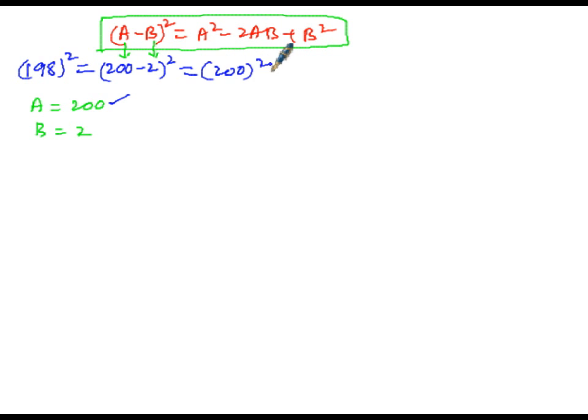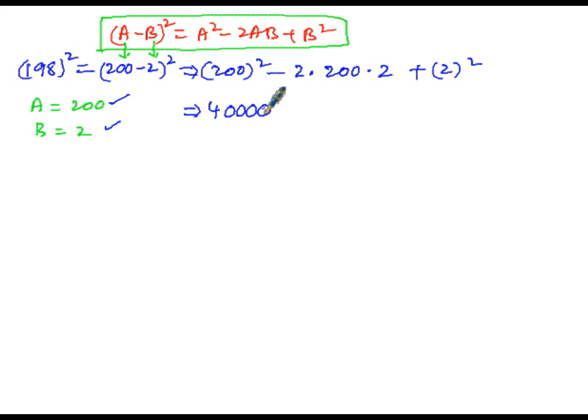Now the result will be a square, a is 200, so 200 whole square, minus 2 into a into b, 2 into 200, into 2, plus b square, that is 2 squared as per the identity's last term. Then 2 square, 2 twos are 4.